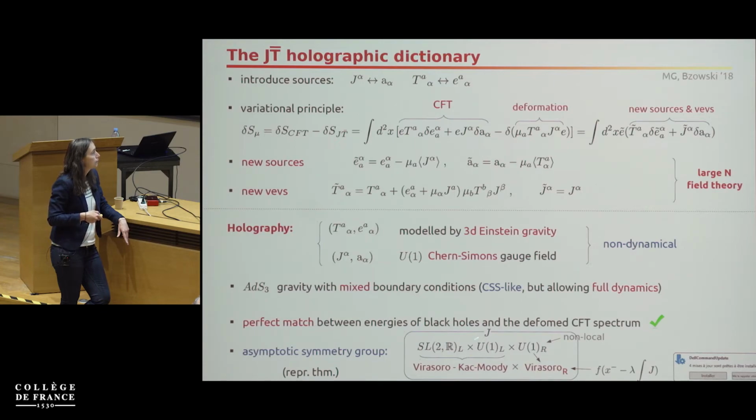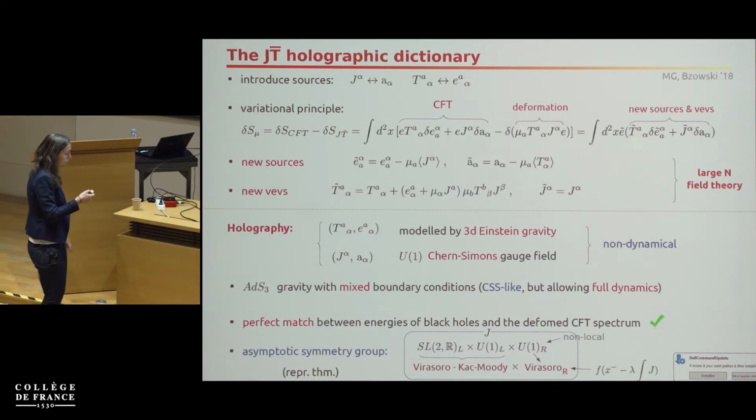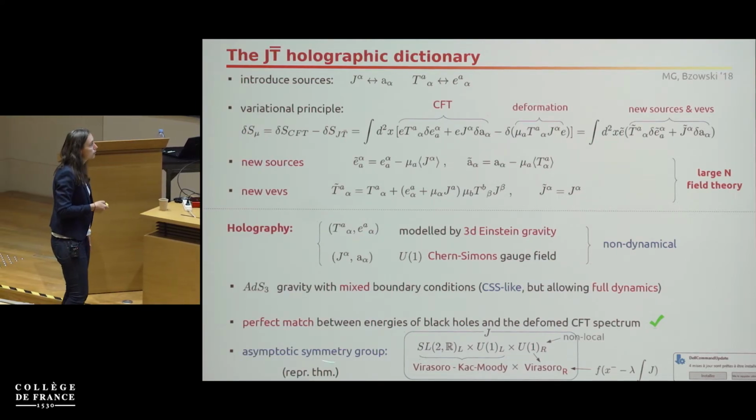This is U1 left, which is associated to the U1 current. And then we have a right-moving U1, which are the right-moving translations in the non-local direction. So these get enhanced to Virasoro Kac-Moody, as you expect for local conformal and affine symmetries. But the surprise was that this one also gets enhanced to a full Virasoro, generated by functions of, again, a field-dependent coordinate. This is what we saw, using the representation theorem.